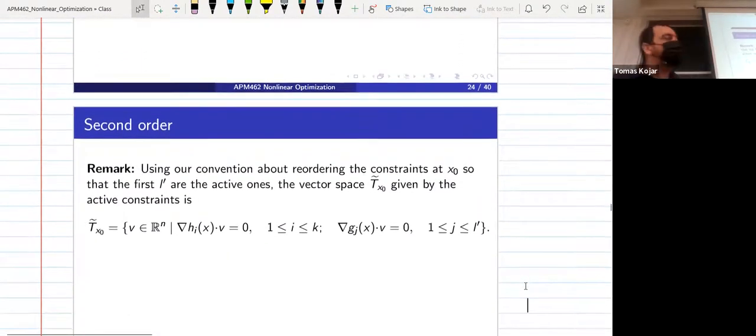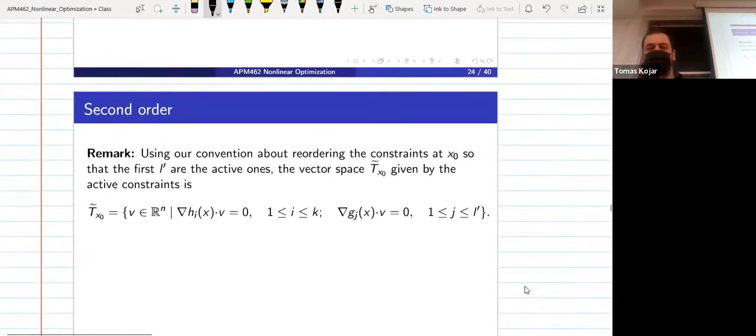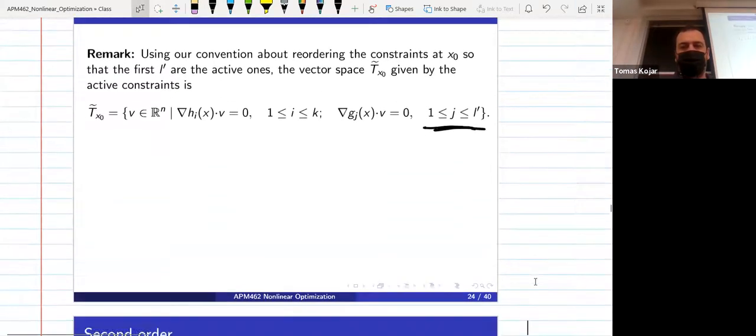Again, we order 1 to L prime. The active ones; the inactive ones do not exist because it's a local min, not a global min.